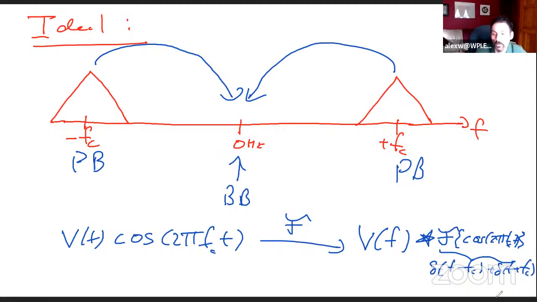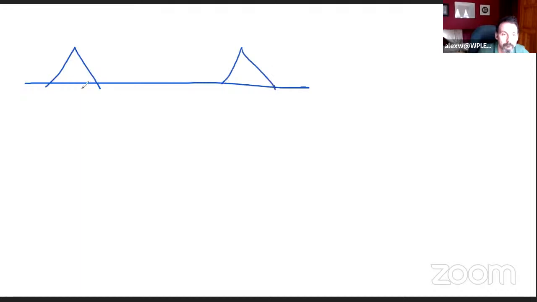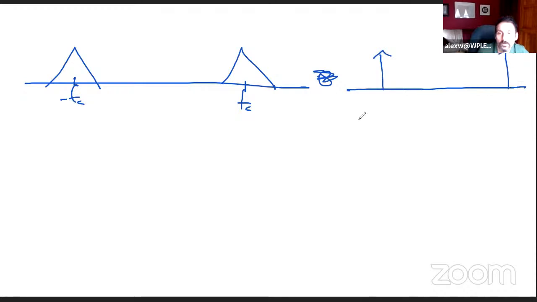So this is great. What's another way of looking at that? If that's my spectrum, convolved with deltas also located at minus fc and fc, what do we get?